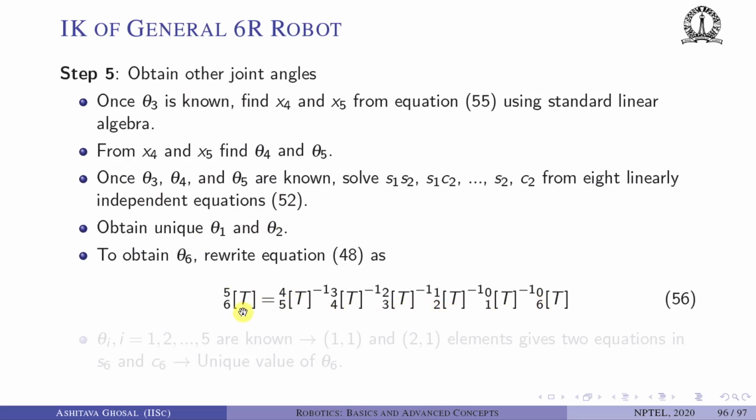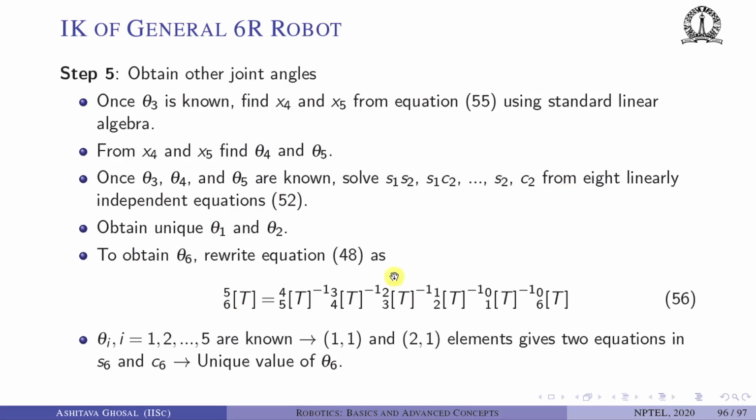So we can solve for theta 6 from this equation. These are known, and the 1,1 and 2,1 elements give two equations in sine theta 6 and cos theta 6, and we can get a unique value of theta 6. So this is the basic algorithm.